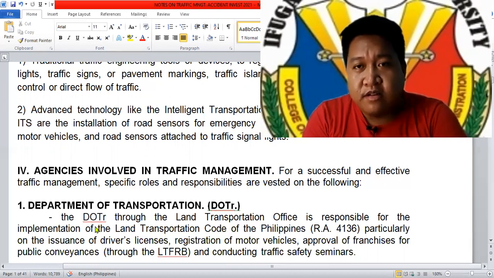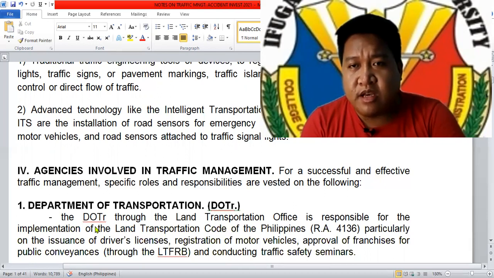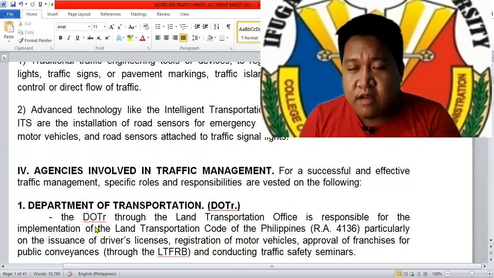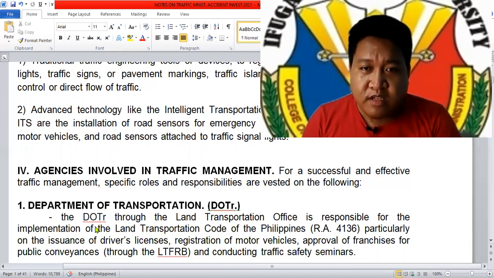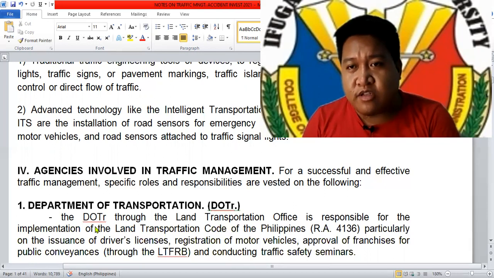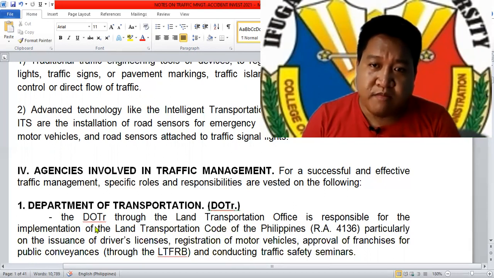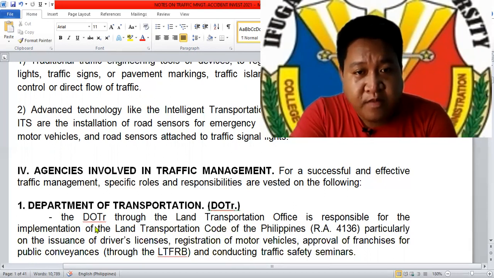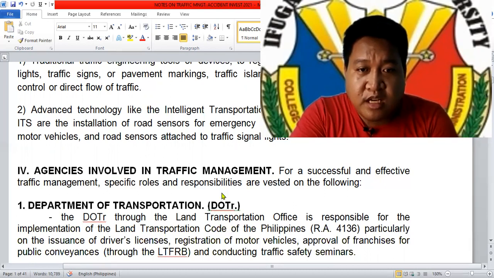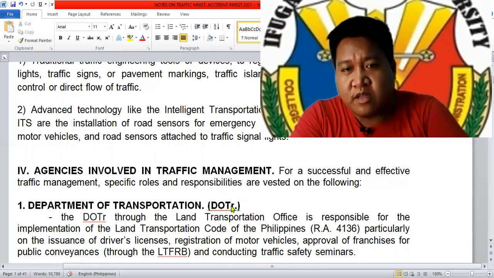And you know, DICT today plays a vital role, especially in information technology like the internet. DICT today provided us free internet connection in some selected areas. So ngayon, ang DOTC naging DOTR na, so it is focused on transportation.